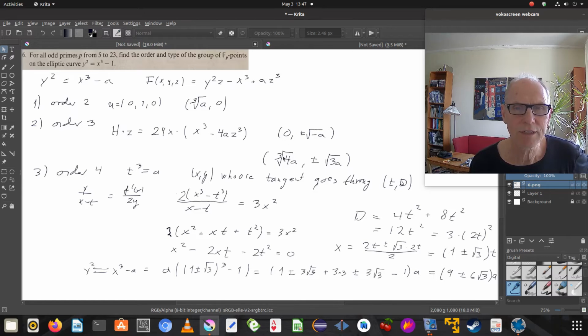This exists, so we need to check whether there's a cubic square root of minus a, of minus 1, or of 3. And the only square roots are plus minus 1 when p equals 4.